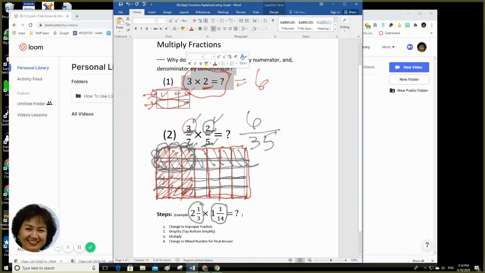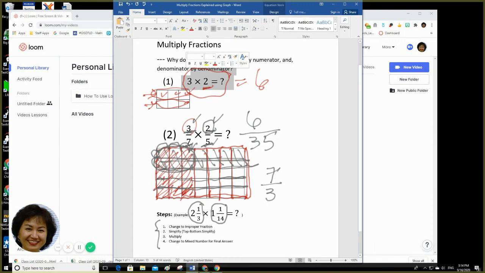You just follow these 4 steps I leave here. First, they are all mixed numbers. We have to change them to improper fractions to make multiplication easier. So 2 1/3 is 7/3. How?